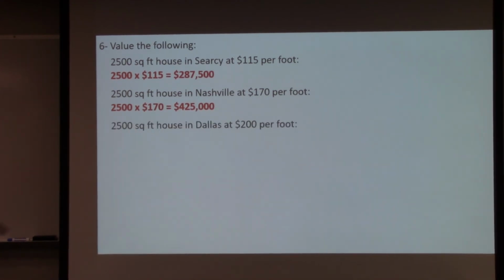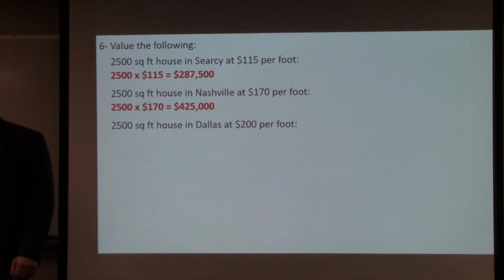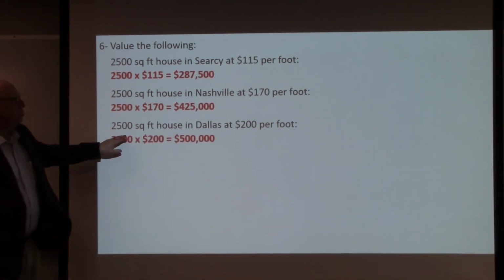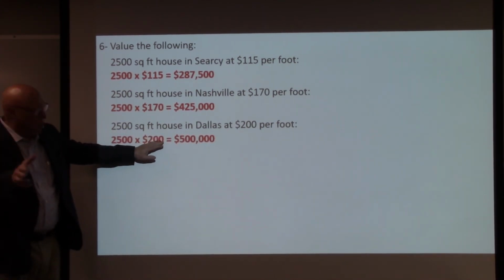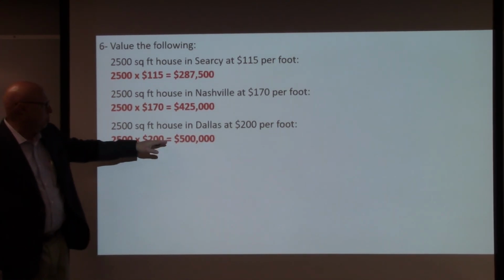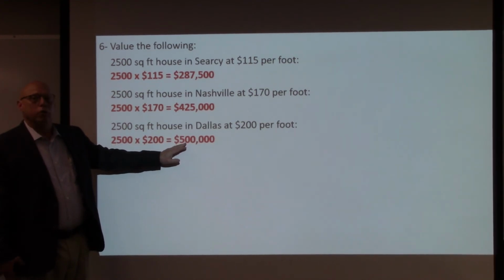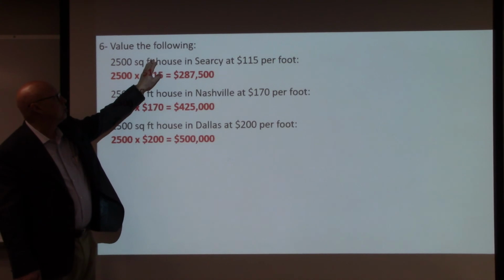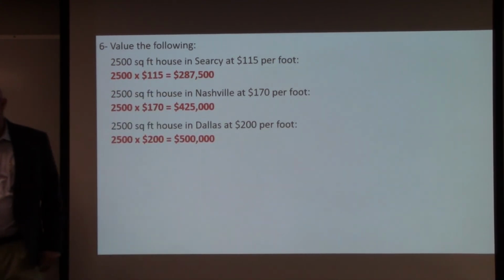That same house in Dallas, which has an average square foot price of $200, is $500,000. So you can have a house in Dallas. You want to live in Dallas. You're determined to live in Dallas, man. You're a Cowboys fan and you love shopping. So you're going to live in Dallas and you're going to pay $500,000. Or you can choose to live in Mayberry, USA, otherwise known as Searcy, and you can pay about half of that for the same house.